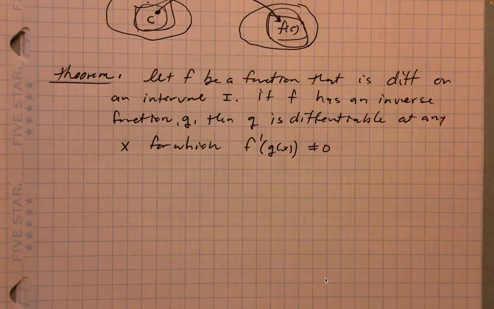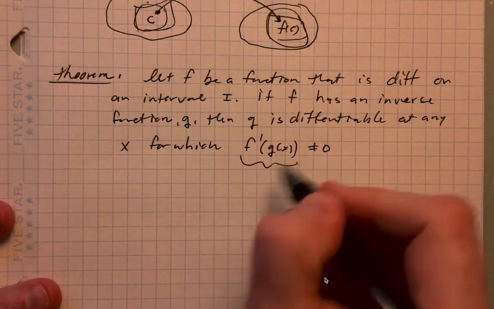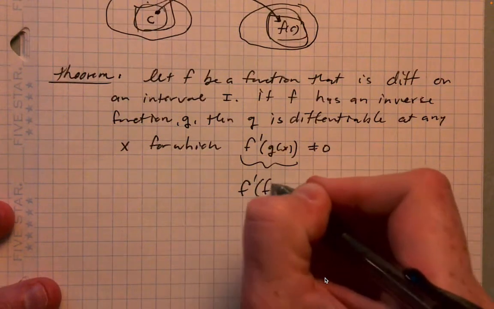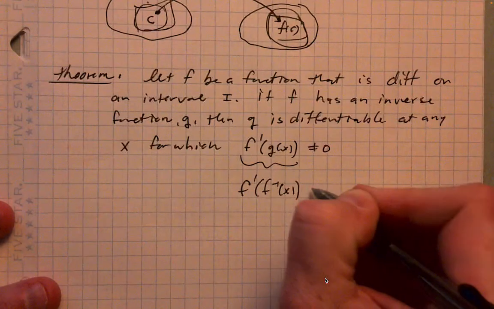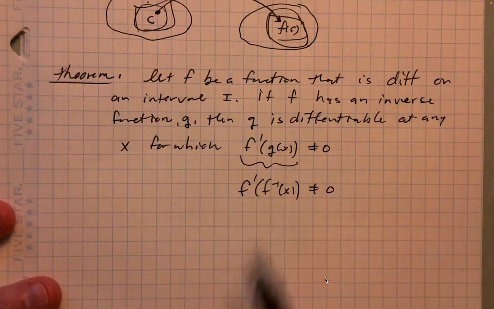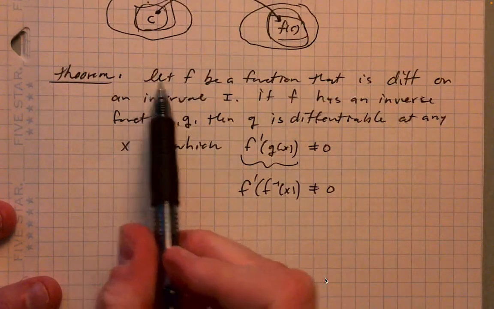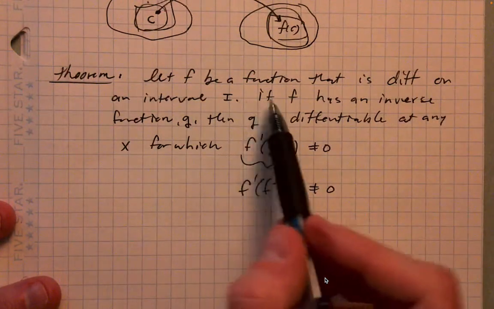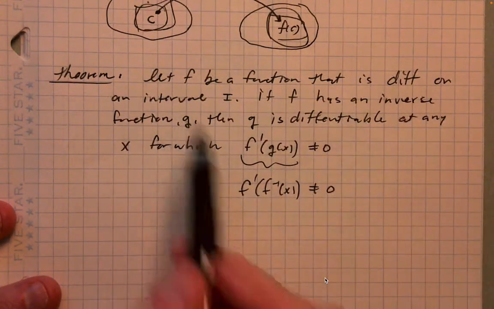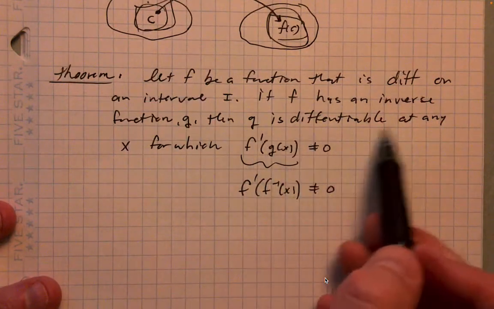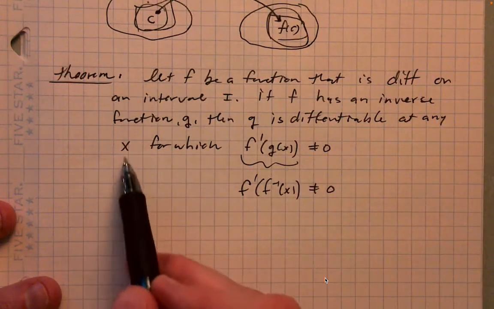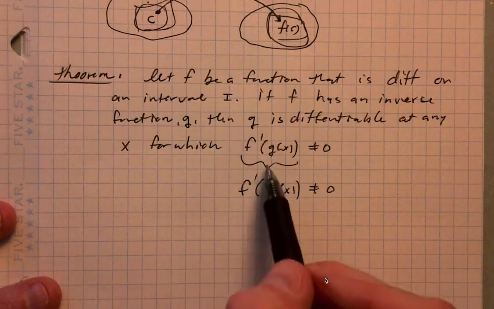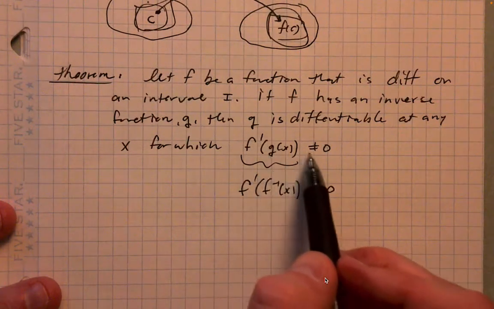So this is f prime of f inverse of x. Maybe it's even easier to use the f notation. So let f be a function that is differentiable on an interval I. Now if f has an inverse function g, then g is differentiable at any x for which f prime of f inverse is non-zero.